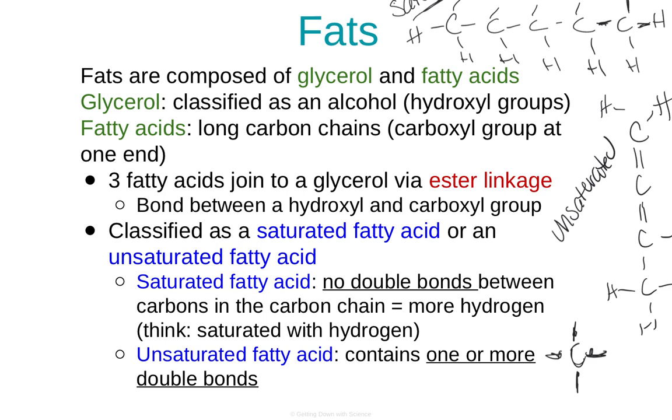So in a saturated fat, it's saturated with hydrogens. In an unsaturated fat, carbon has these double bonds to itself. So imagine there being another carbon with its bonds like this. So these guys are going to bond, and then those guys are going to bond. So we have less hydrogens, so it's unsaturated with hydrogens.